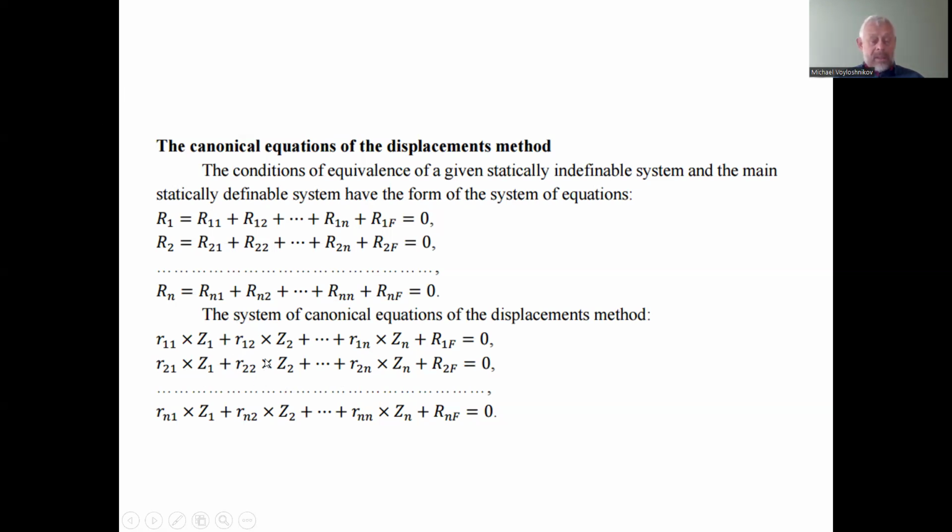And for example, here we have the second direction of unit displacement applied, in the second installed support, but this impacts the force appearing in the first extra connection, in the force direction. This is the direction of the support in which the support limits the displacement. In this support, the force arises proportional to the displacement due to the linearity of the elastic properties of the material of the mechanical system.